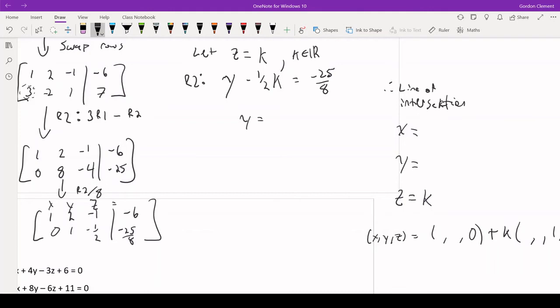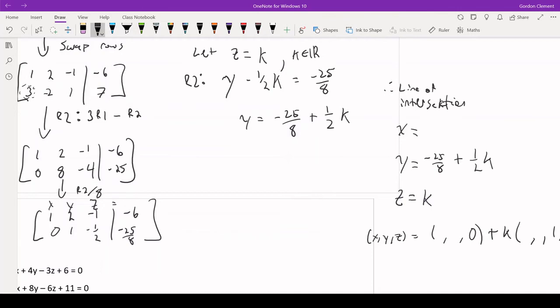And so it's really easy to get my parametrics for y, -25 over 8 plus 1/2 k, something like that. There's my parametrics for y. So there's no real solving to do there. I'm just moving the half k over.